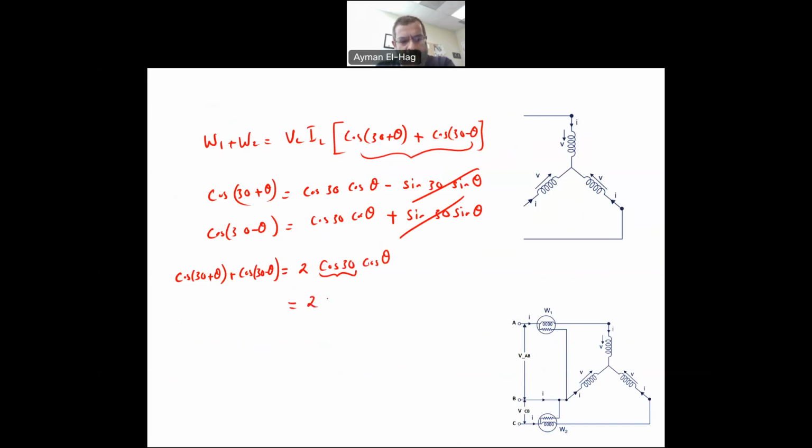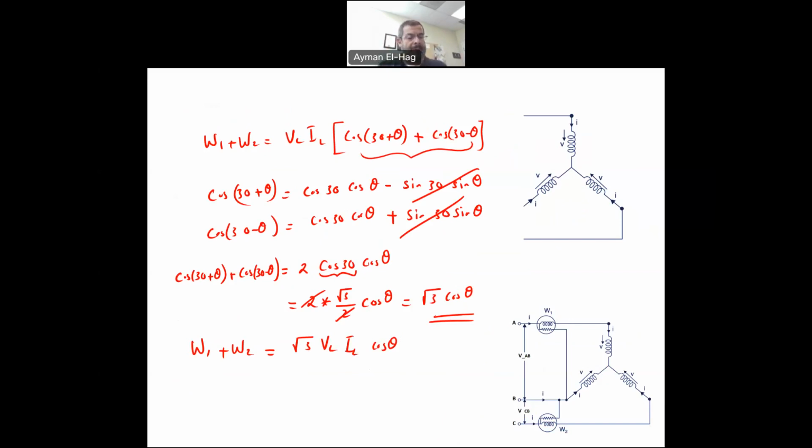This is equal to 2 times root 3 over 2 cosine theta. This will cancel, so this is equal to root 3 cosine theta. So all of this will substitute, and we will have W1 plus W2 is equal to root 3 V line I line cosine theta, which is the three-phase power.